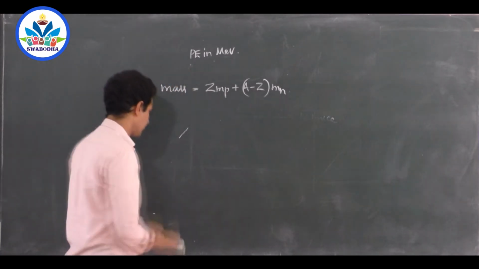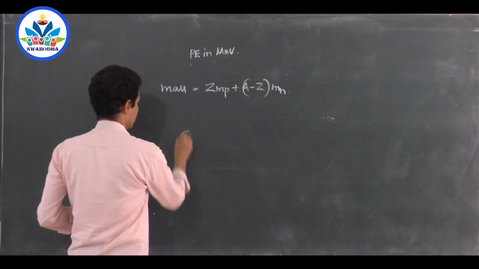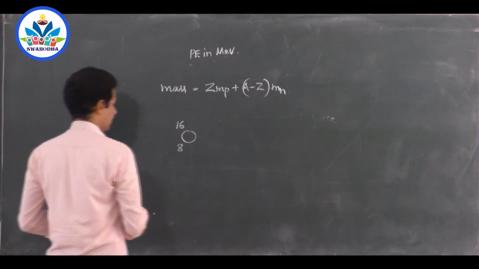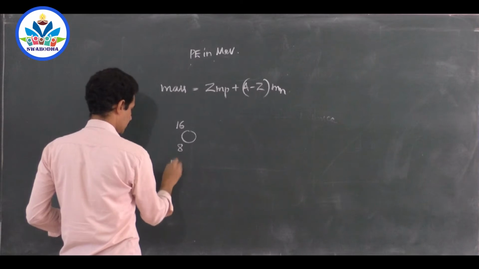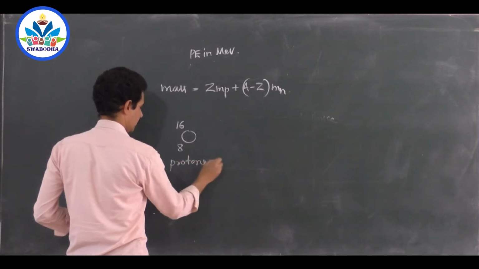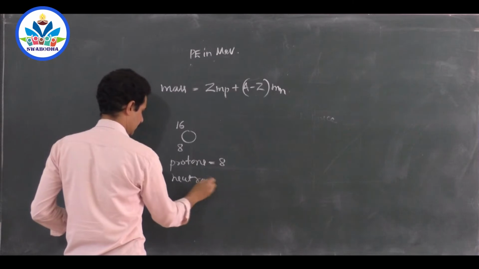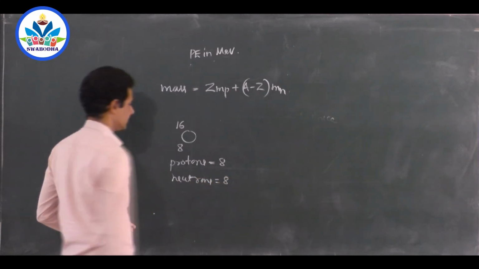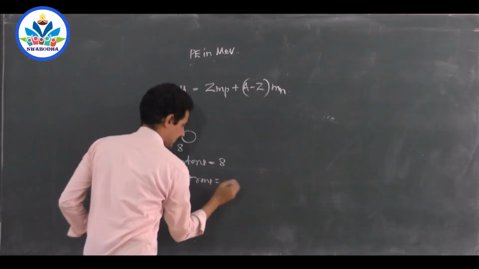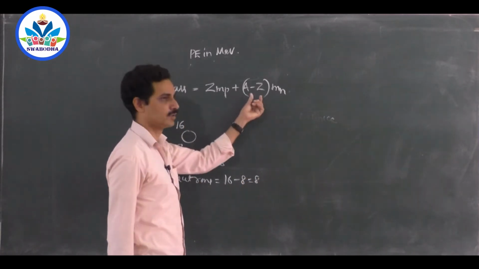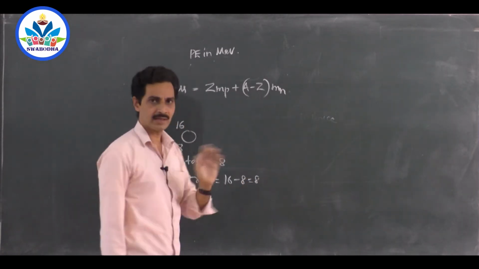I will take an example. For example, in oxygen, atomic number 8, mass number 16, the number of protons is 8. Number of neutrons, 16 minus 8, which is 8, right? So you calculate the mass of 8 protons and 8 neutrons, and you will get a value.